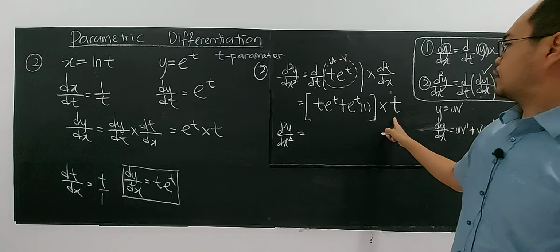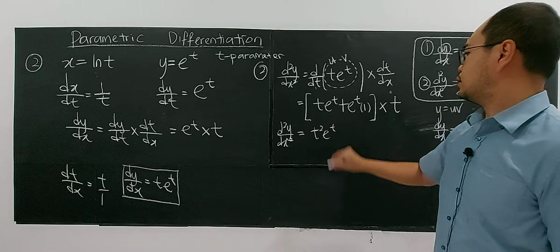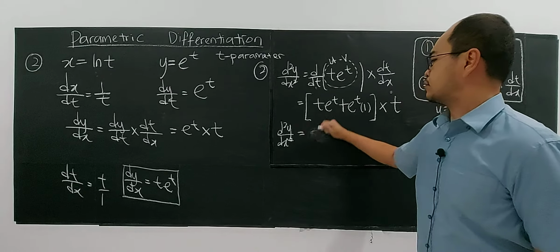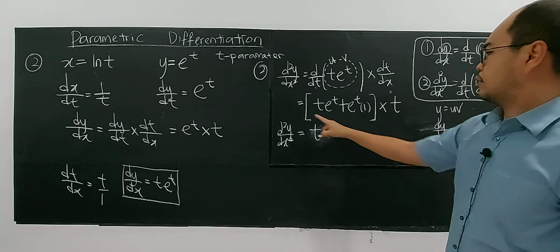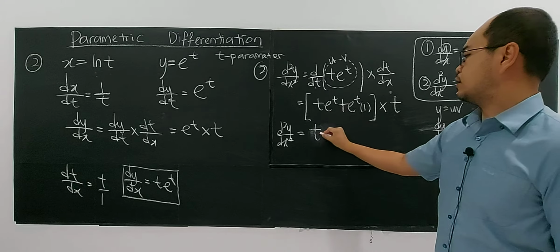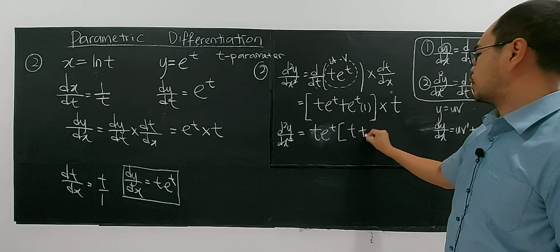So finally your d2y/dx2 is t squared e^t plus t e^t, or you can factorize. Put the t in front, and take out the common factor e^t, so you still have t plus 1.